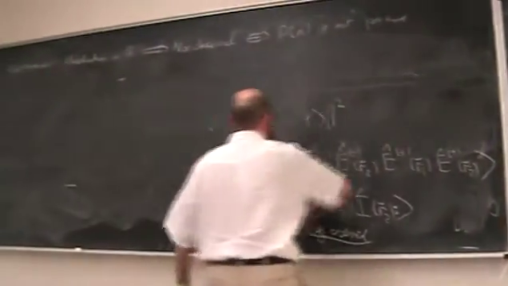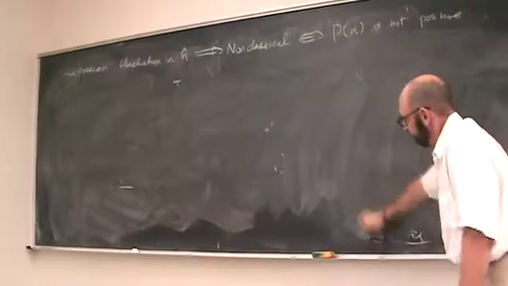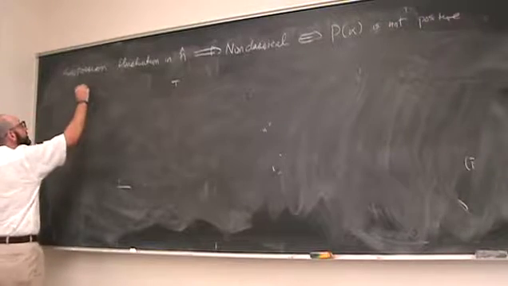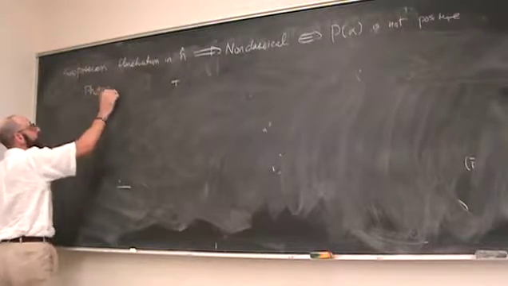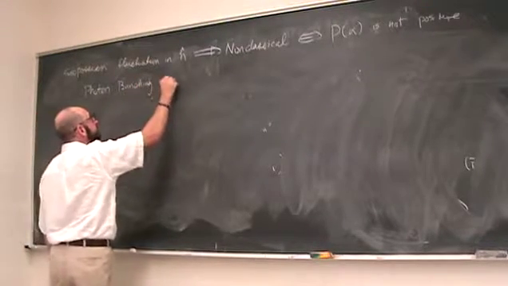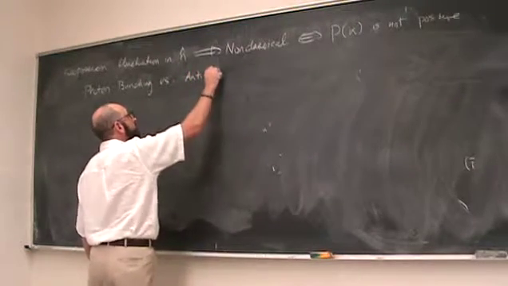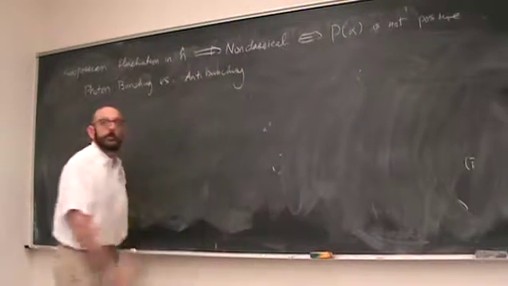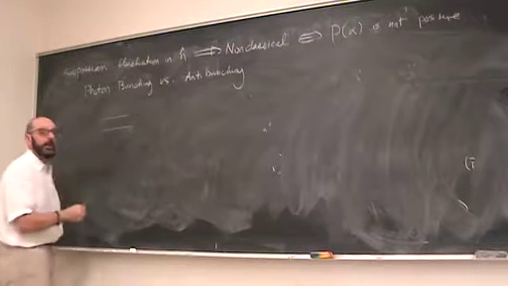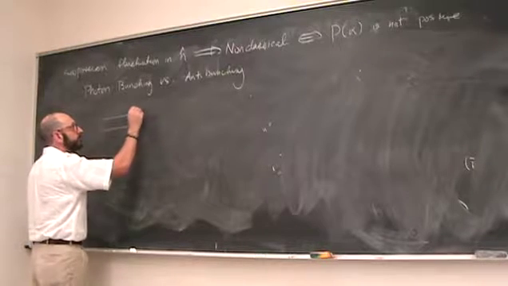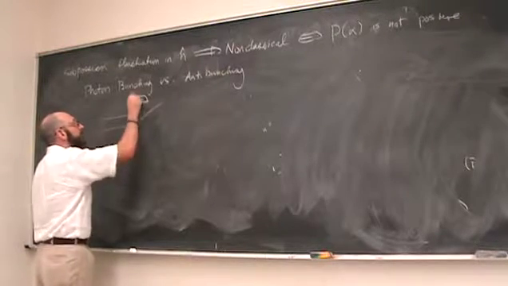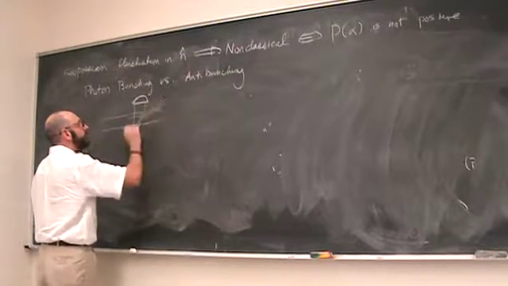Another thing you can prove to yourself, and we did this last year, is the problem of photon bunching versus anti-bunching. So suppose we take light, collimate it, and put it on a beam splitter. Okay? And we have two detectors, one on each side of this beam splitter.